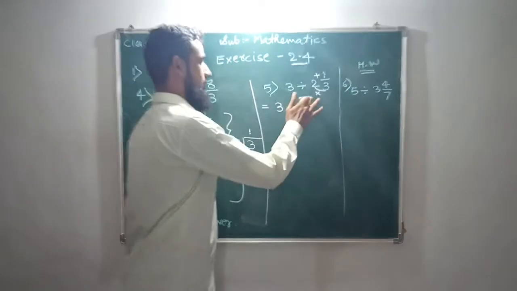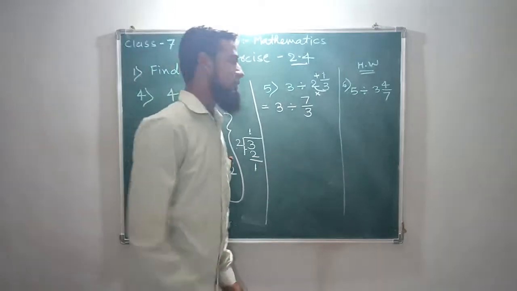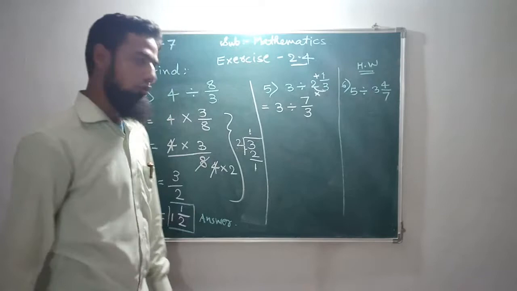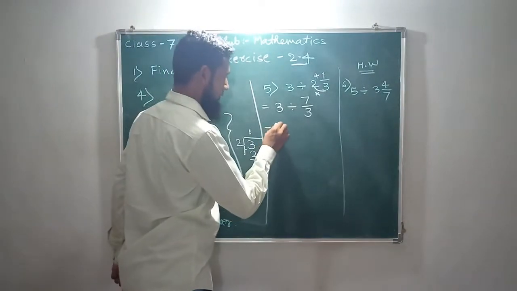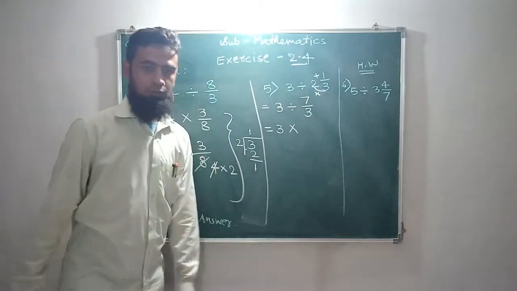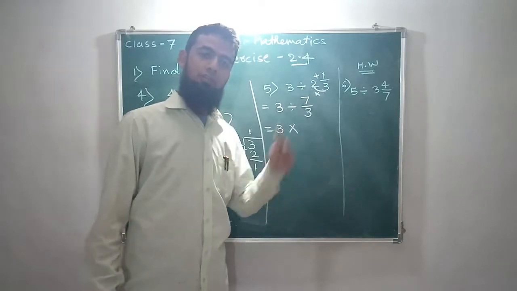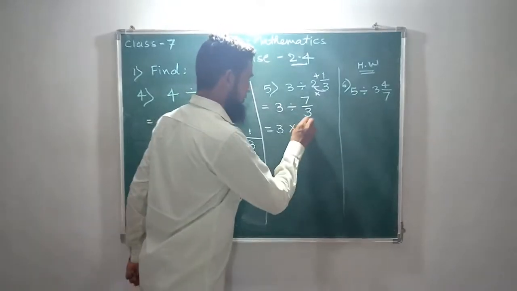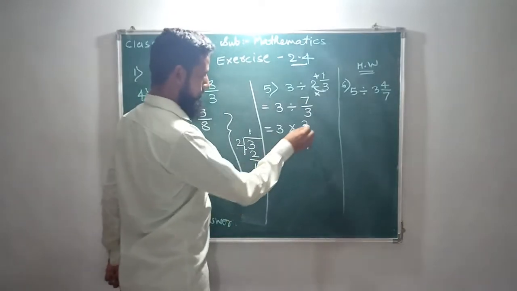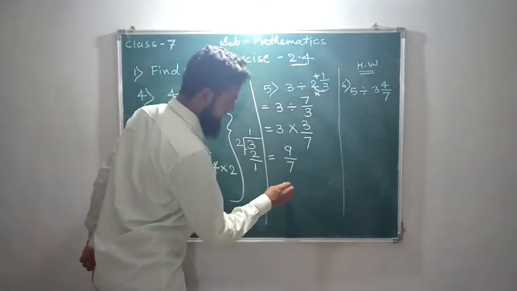So first we convert the mixed fraction into a simple fraction. Now we will convert into multiplication. While converting into multiplication, we change places from numerator to denominator and denominator to numerator. So 3 upon 7. Then 3 times 3 is 9 upon 7.